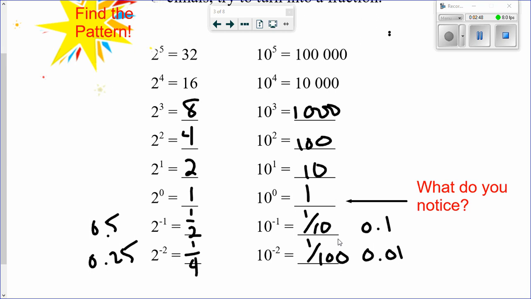Once again, if you put into your calculator 10 to the power of -1, you'd have gotten decimal 1. But what you wouldn't see is that the fraction version kind of spells out what's happening. So as we're going down the list, it's almost like we're dividing by 10 every time. Likewise, on the left, as we go down the list, it's like we're dividing by 2 every time.